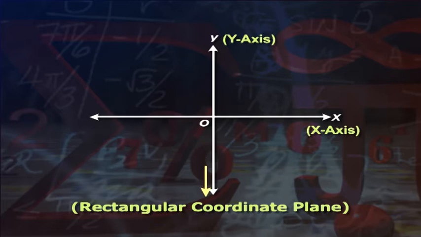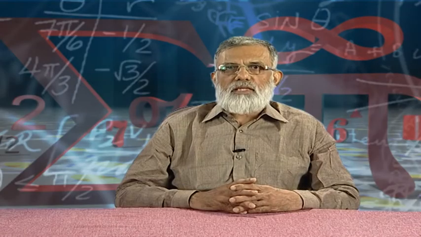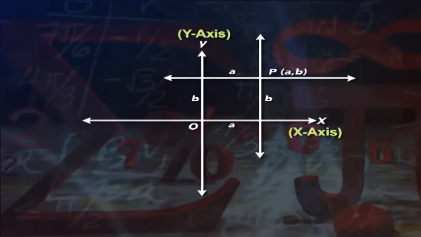There is a one-to-one correspondence between the set of ordered pairs of real numbers, that is R square, and the set of points of a plane when we consider the plane as a Cartesian coordinate plane. Suppose an ordered pair of real numbers (a, b), that is, an element of R square, is given.